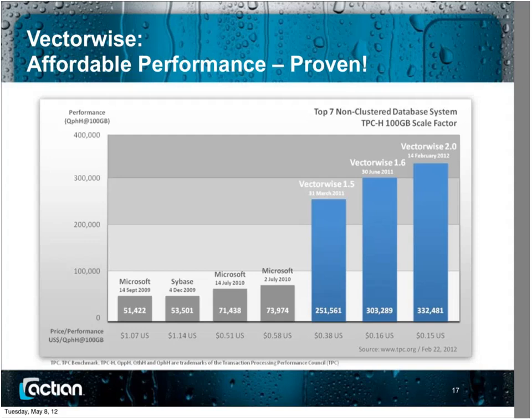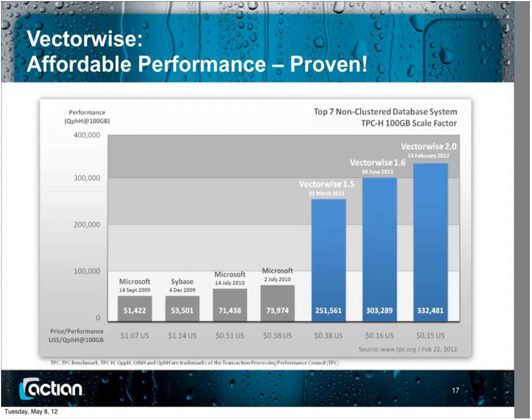The left-hand axis, or the y-axis here, is a metric that I would equate with miles per hour. It's actually a very precise metric, QPHH. And the bottom axis is benchmarks over time by specific database vendors.